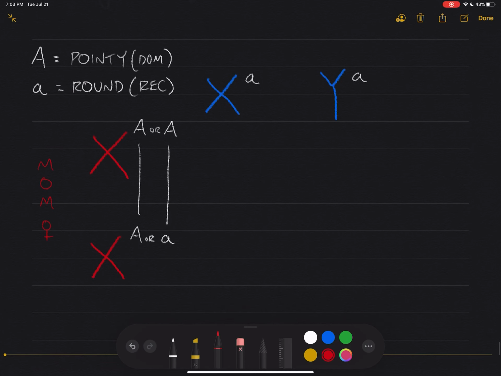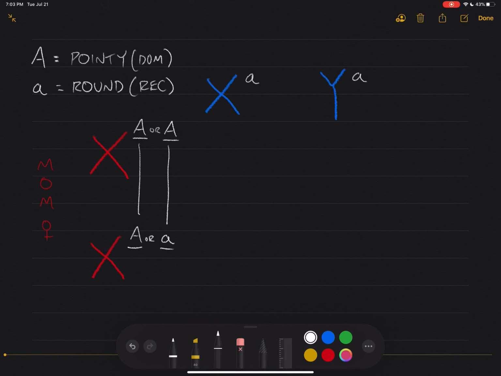Now, for her to have pointy ears, she can either be homozygous dominant, AA, or heterozygous, Aa. Either one of these, she's going to have pointy ears.